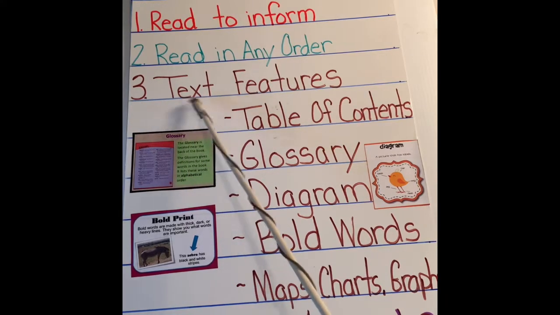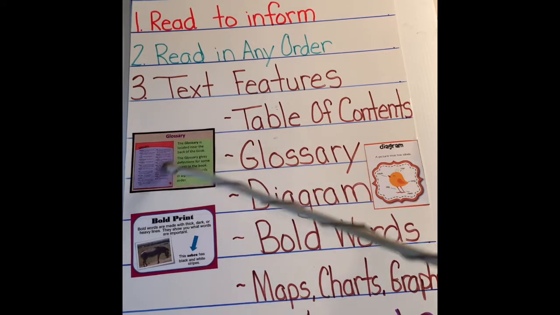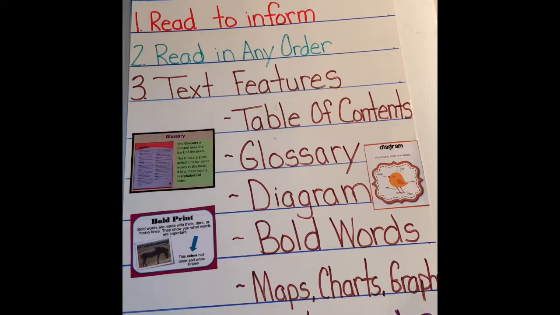Number 3, here are some of the text features in a nonfiction story. We'll sometimes have a table of contents telling us where we can find the information. It sometimes has a glossary, and that tells us the meaning of those important words. We might see a diagram in our nonfiction story, and that's just a picture with a label.